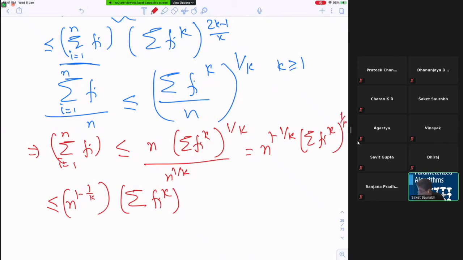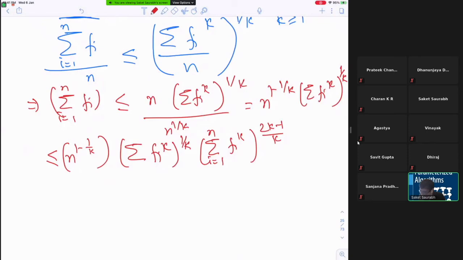There should be 1 over k here, yes, this is correct, 1 over k. To the power 1 over k, summation i equal to 1 to n fi to the power k, 2k minus 1 over k.